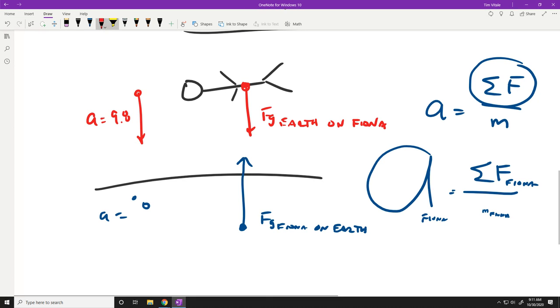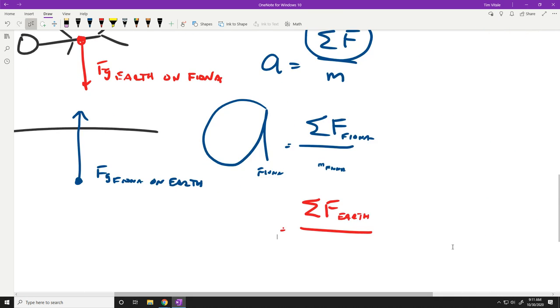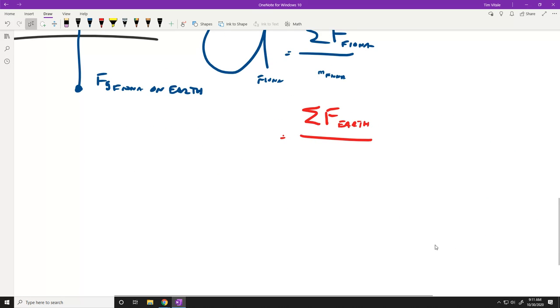Whereas if we have the Earth with the same size force on it, right? So these are all the same size, Earth force on the Earth, and divided by the mass of the Earth, which looks something like this. Give me 1 second to have some room here. Which looks more like this, right?